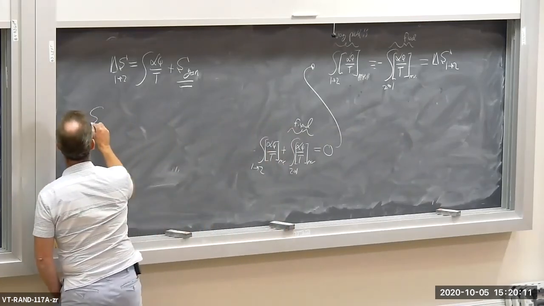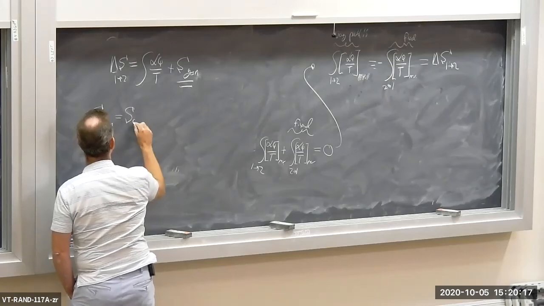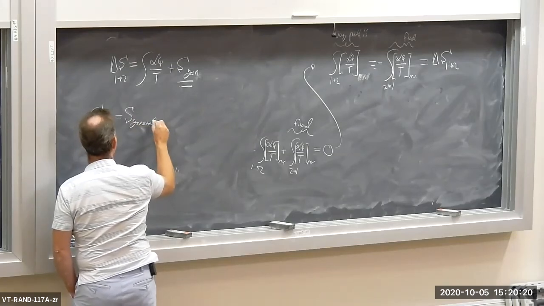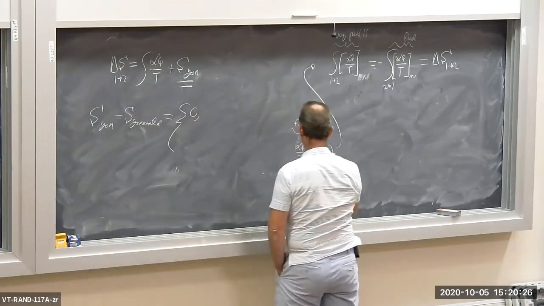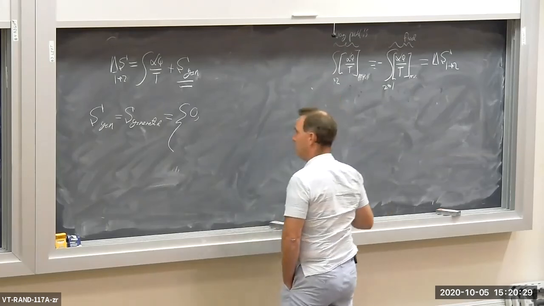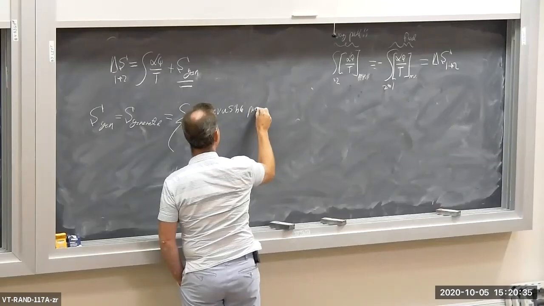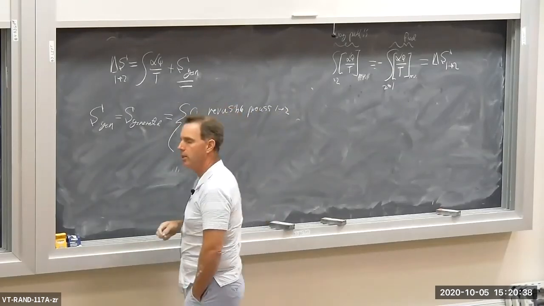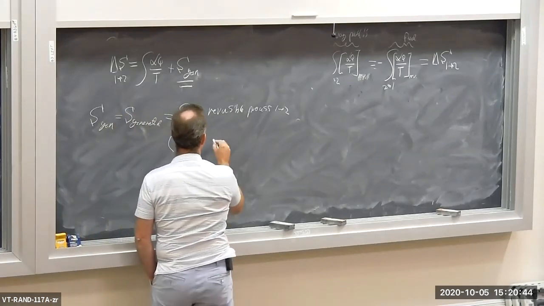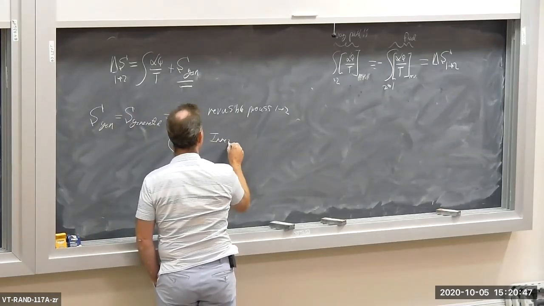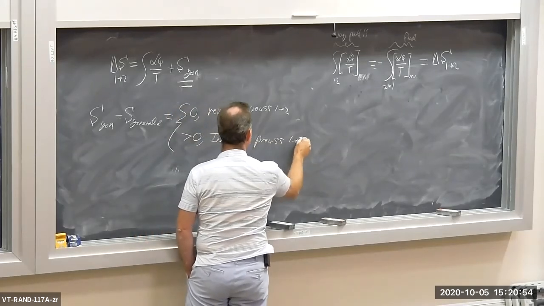S gen, or S generated, is equal to 0 if the process 1 to 2 is reversible, and greater than 0 for an irreversible process 1 to 2.